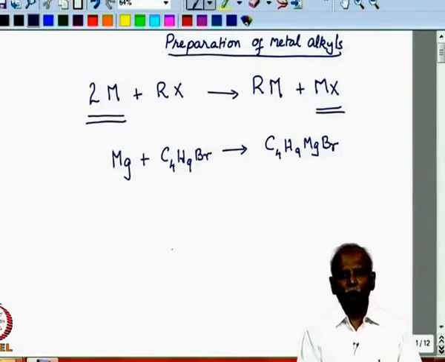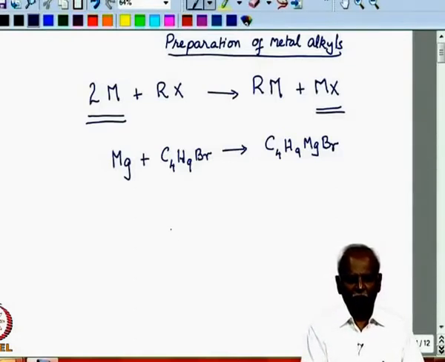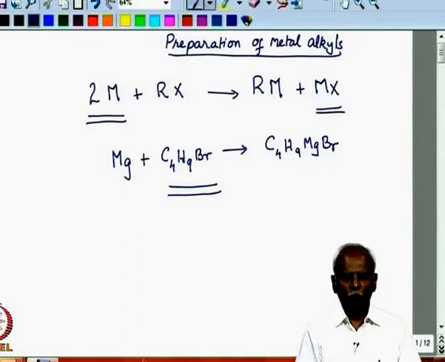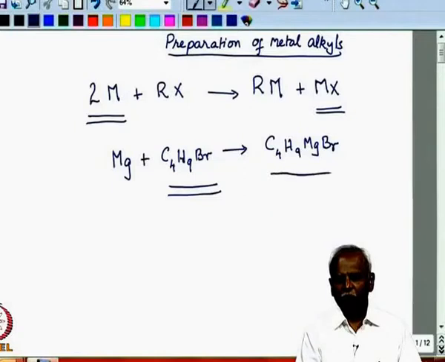So, if you take the reaction between an alkyl bromide like butyl bromide, this is probably one of the most familiar and most common reagents that is used in organometallic chemistry. If you treat butyl bromide with magnesium, one ends up with butyl magnesium bromide, which is C4H9MgBr.